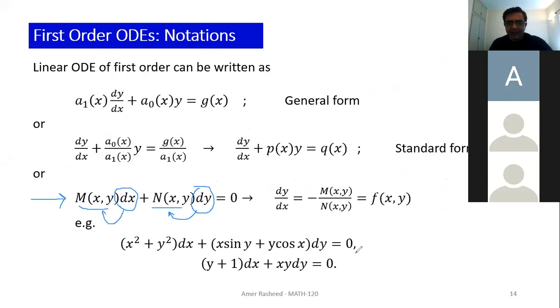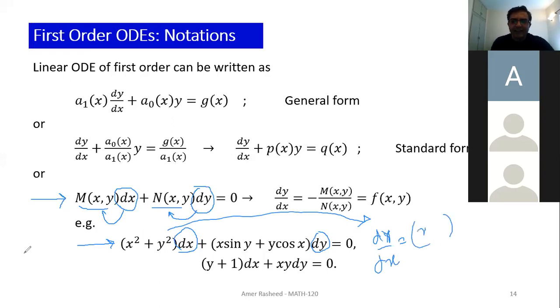For example, I have written here this example, because it involves dx and dy. ठीक है. तो इसमें कितने डेरिवेटिव्स इन्वॉल्व हैं? ओनली वन डेरिवेटिव. बिकॉज अगर हम इसको दूसरी साइड पे ले जाएं, और जो इसका कोफिशिएंट है उसको डिवाइड कर दें, तो हमारे पास सिर्फ dy by dx आ जाएगा. dy by dx is equal to some function of x and y. ठीक है, इस तरह का फंक्शन आ जाएगा. सो इसमें कितने ऑर्डर डेरिवेटिव्स इन्वॉल्व है? फर्स्ट ऑर्डर. सो it is first order differential equation.